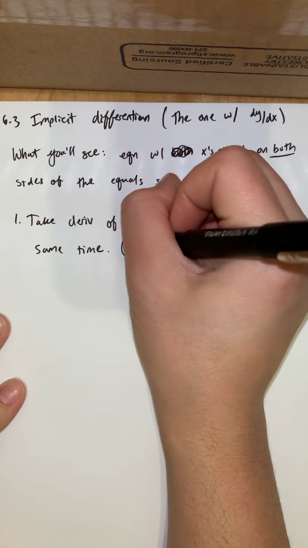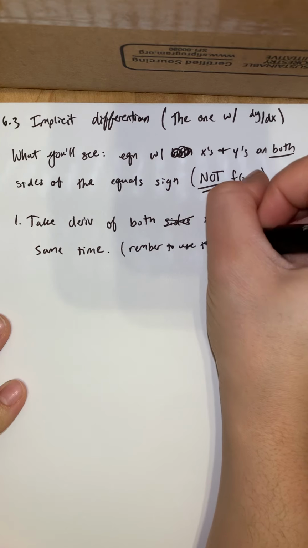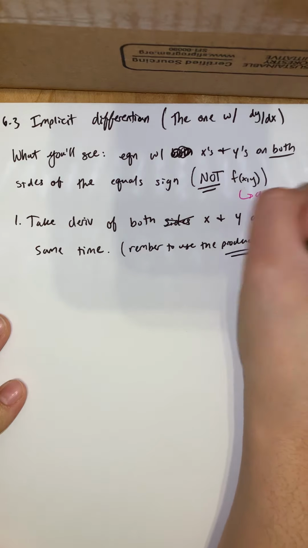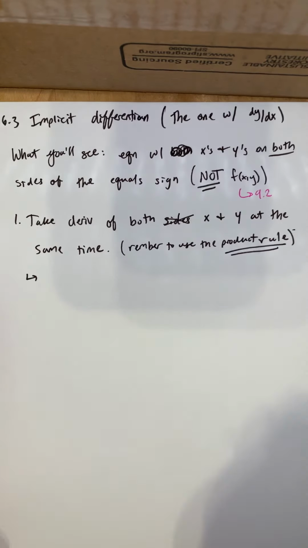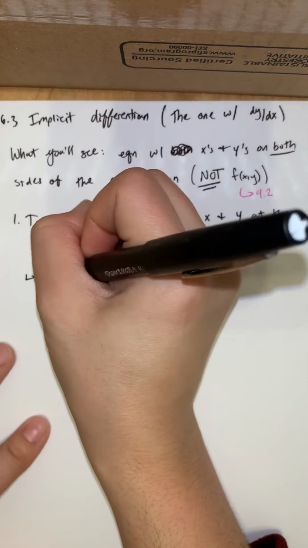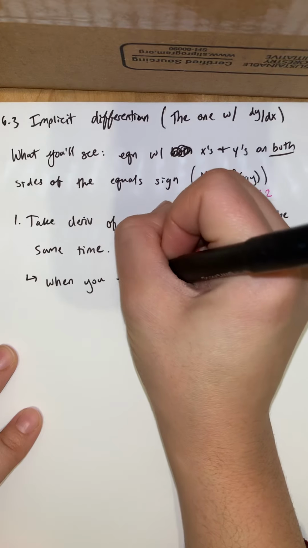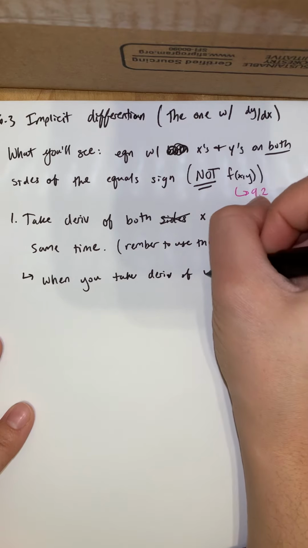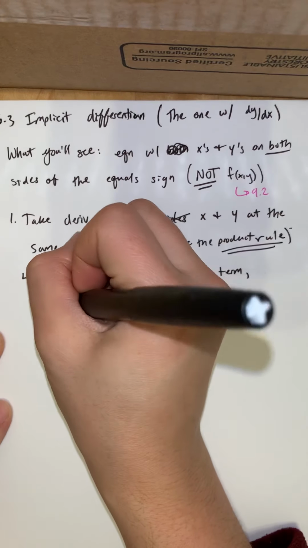And so here, hot tip, remember to use the product rule. This kind of was a big contributor in this section. But the main trick here that was different from just normal differentiation is whenever you take the derivative of a y term, you need to multiply by dy dx.